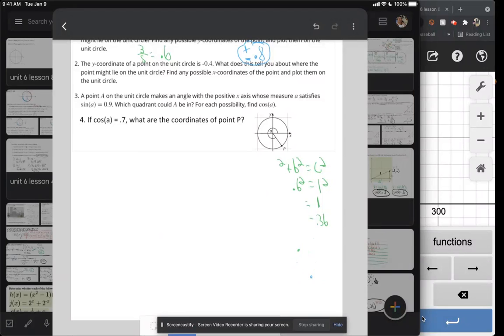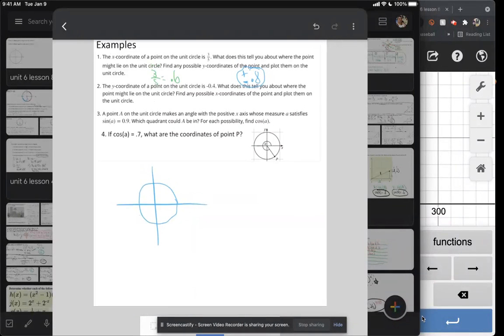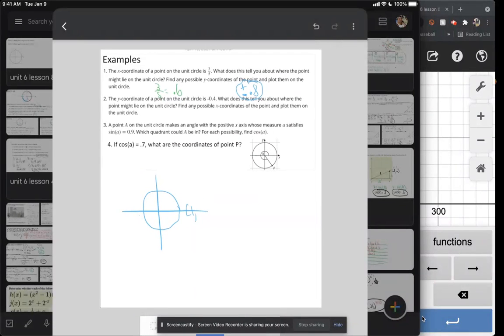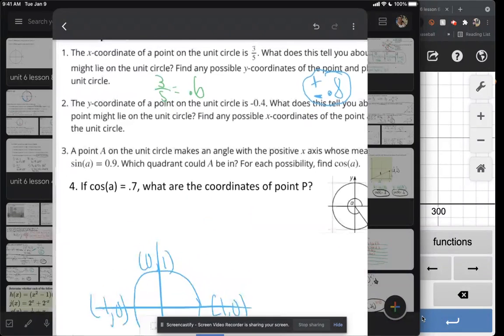Okay. So if I redraw the unit circle, that's (1, 0), that's (0, 1), that's (negative 1, 0), and that's (0, negative 1). So I know that my y value is negative 0.4.